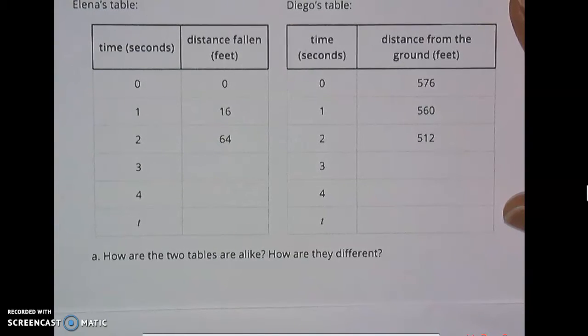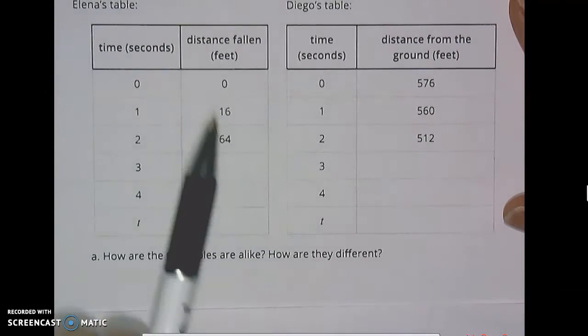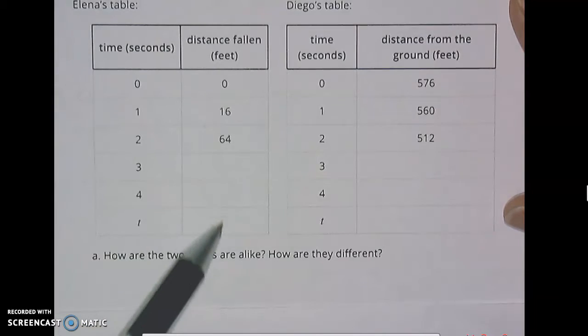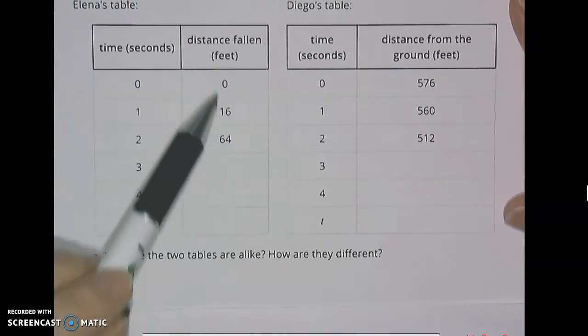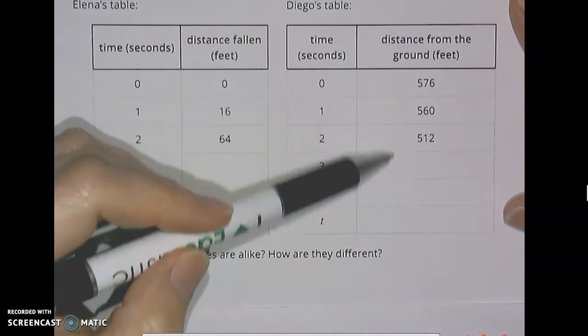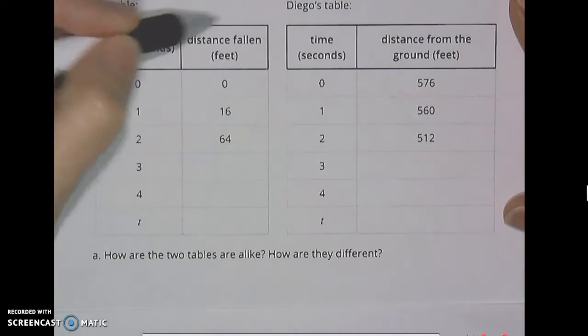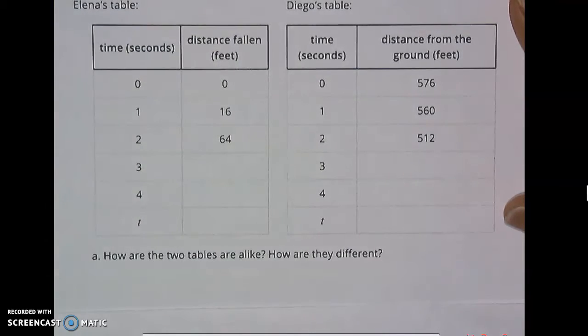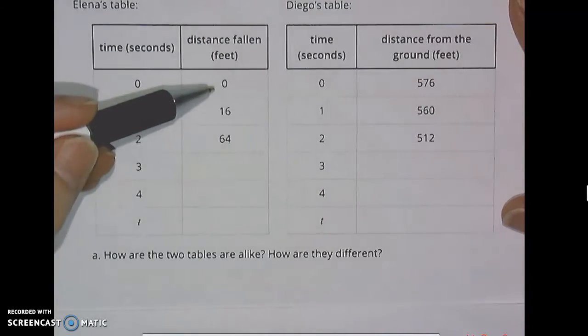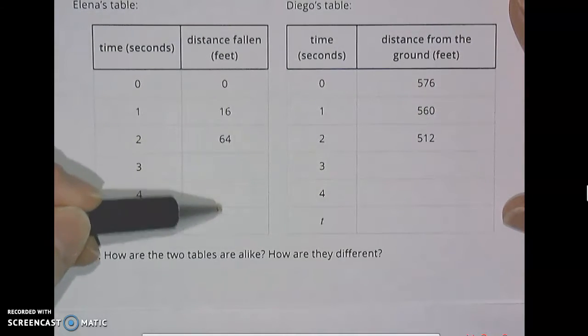How are they different? So what do you notice that's different about them? Well, one major thing is I'm looking here, Elena's numbers are going up, or so it appears, whereas Diego's numbers are going down. Why is that? Well, here, Elena is talking about the distance it's fallen. So as the object is being dropped, the distance that it's falling is going up.